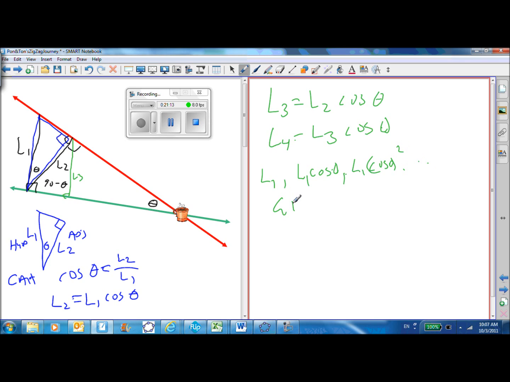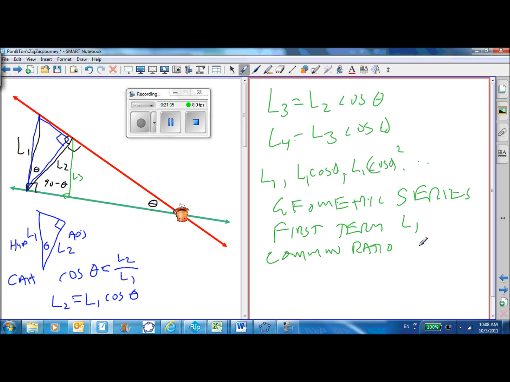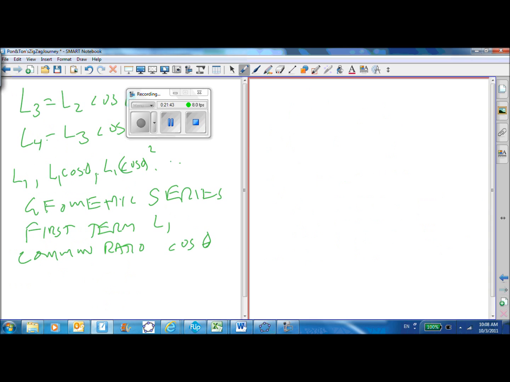And you end up with a geometric series because you're adding them all up. A geometric series where the first term is L1 and the common ratio is cosine theta. And if you remember the formula for an infinite geometric series, that's what I was looking for.